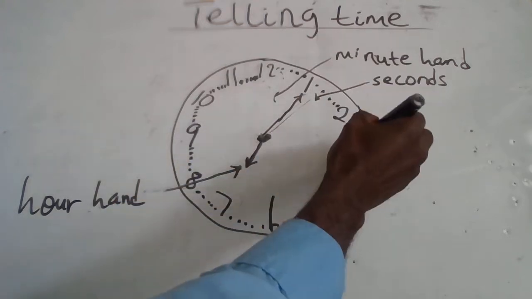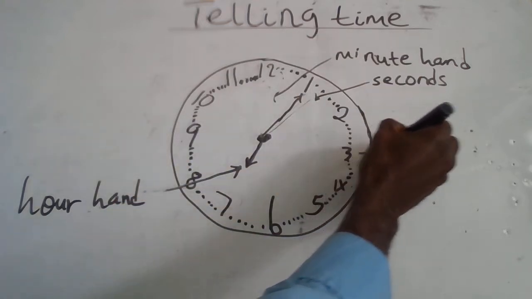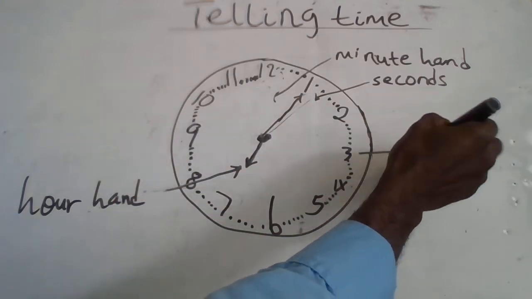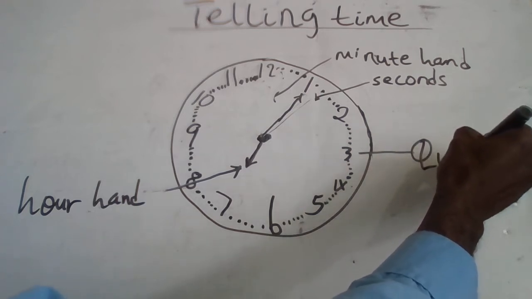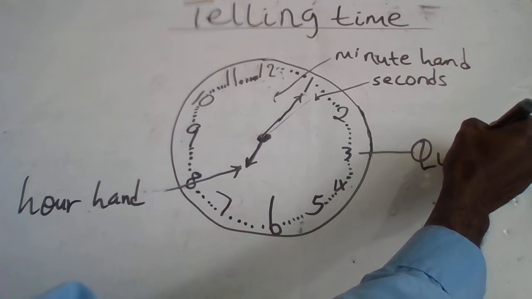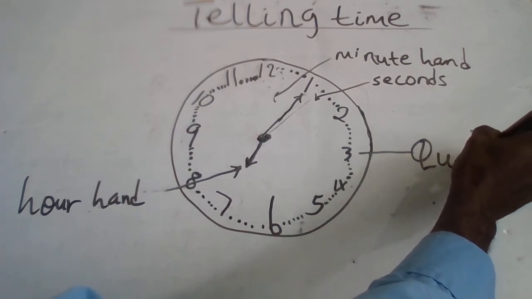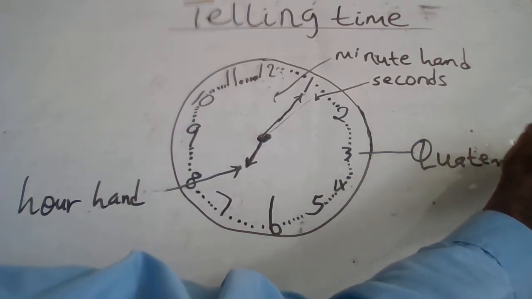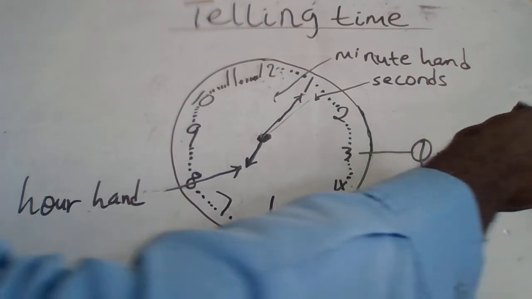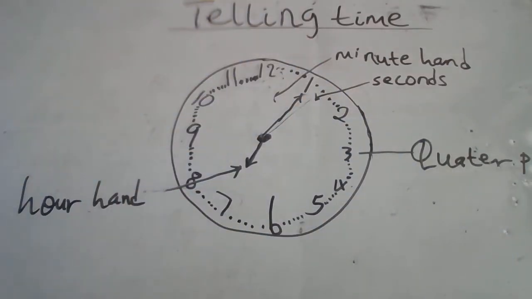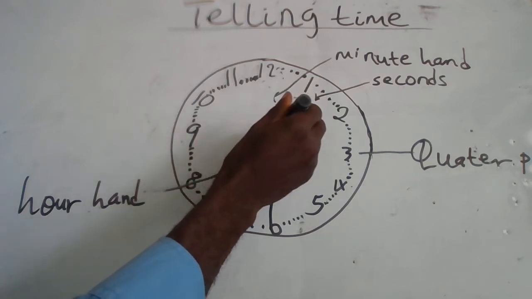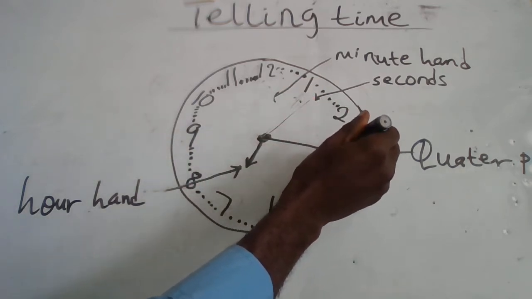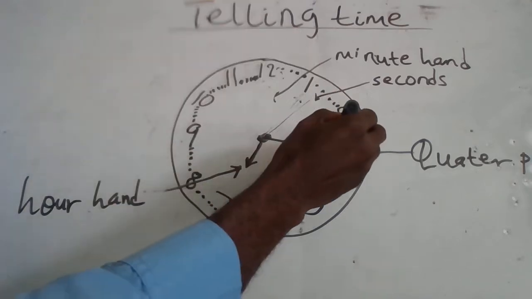Okay, so now at 3 here there is a way you can say this time. You can say it's quarter past the hour, assuming the minute hand is pointing at 3.